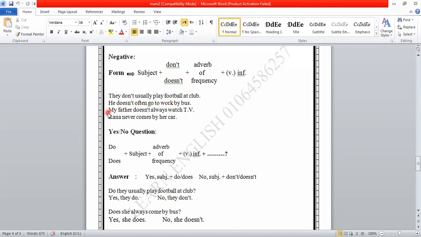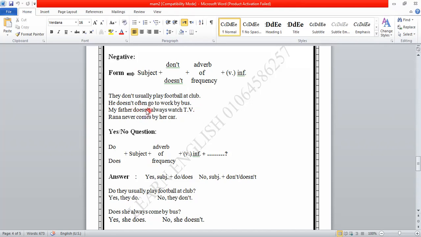Okay. Number three, my father doesn't always watch TV. If we put this sentence in the affirmative form, my father always watches TV. When we change it to the negative form, it will be my father doesn't always watch.